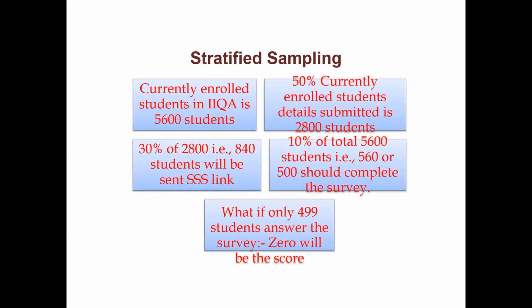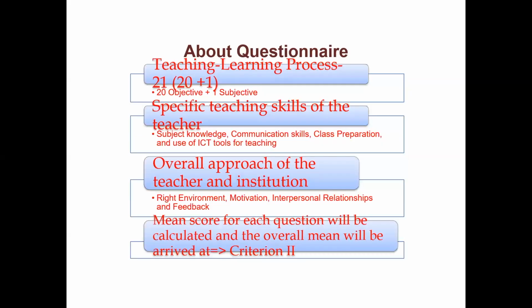So what is minimum? 10% of 5,600, that is 560, or 500 in order to complete a survey. What if you reach only 499 after 2 attempts? If you are not able to reach the desired level, 10% or 500, your institution's triple S will be deemed as not completed, and you will lose a very high weightage metric.